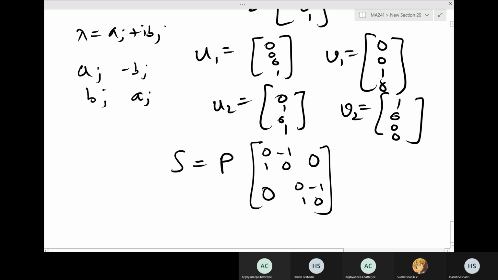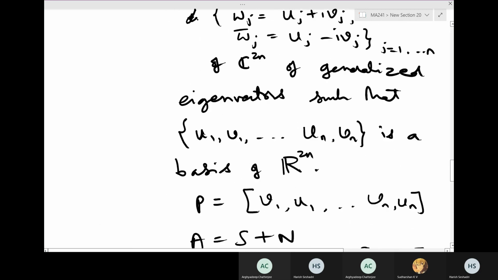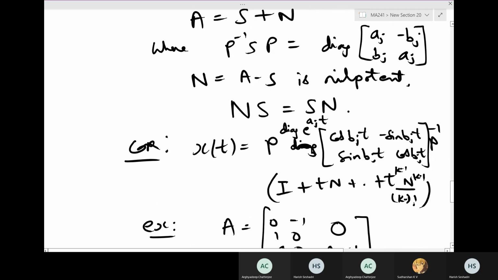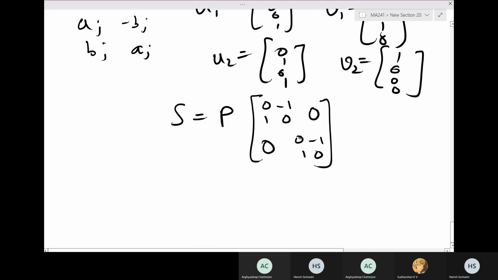Here the thing is, when I write it in this form, these blocks might repeat on the right hand side, depending on whether the eigenvalue is repeated or not. So that's what's happening here. That block is getting repeated. So apart from this, there's no other difference compared to the other stuff.